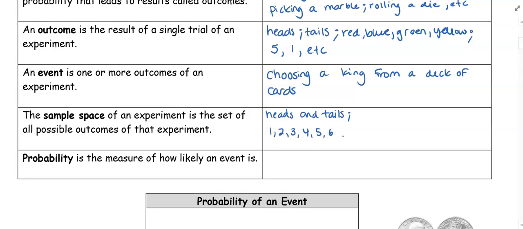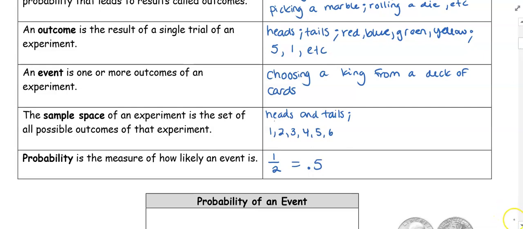So the probability is the measure of how likely an event is. Let's go with our first example that we gave, flipping a coin. It is a heads or a tails option. So there is one outcome out of 2 possible. So the probability is 1/2, which is also 0.5.